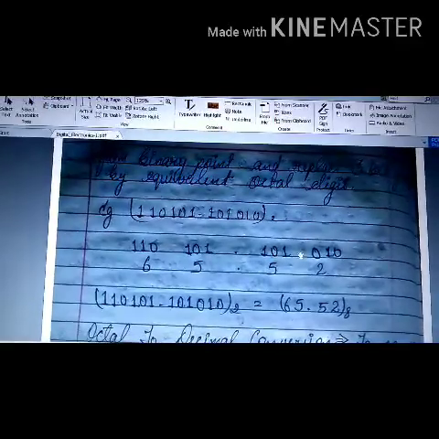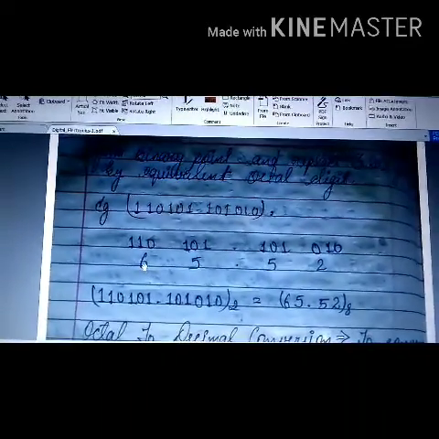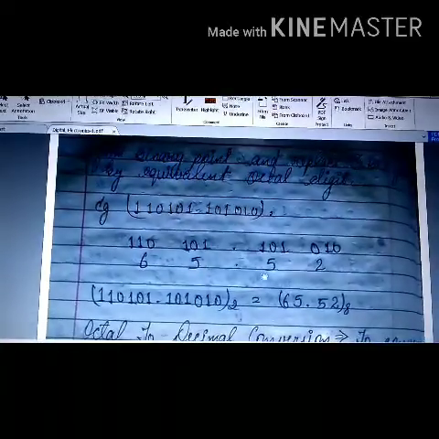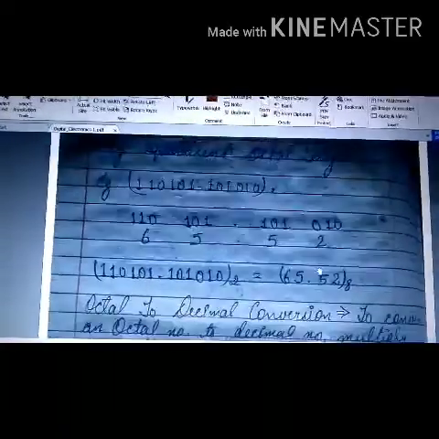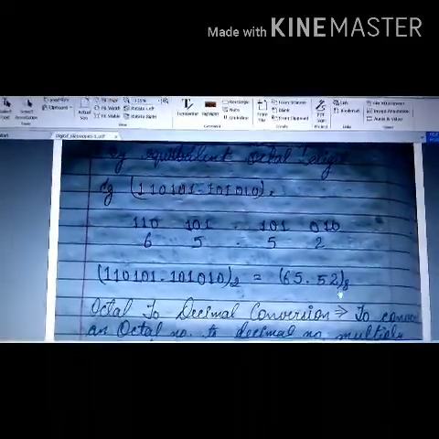To the right of the decimal point, we start from the left side and go towards the right side. So 101 and 010 are the individual groups that have been made, and then we can write their individual values. So it will be 6, this is 5, this is again 5, this is 2. So this number comes out to be 65.52 in octal.